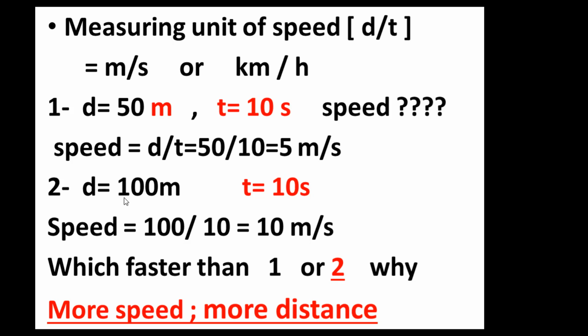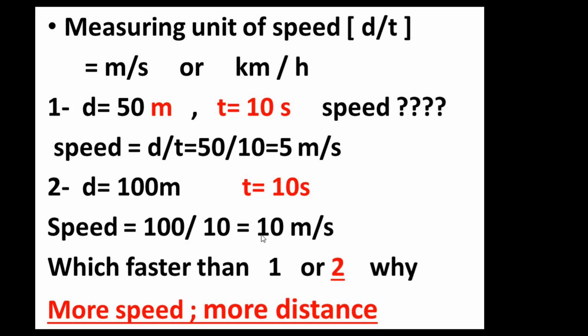Number 2: distance equals 100 meter, time equals 10 seconds. Notice that the time is the same: first case time equals 10 seconds, second case time equals 10 seconds. But first case 50 meter, second case 100 meter. Second case speed equals distance 100 over time 10 equals 10 meter per second. First case speed equals 5 meter per second.